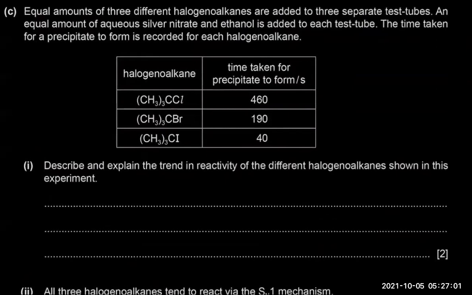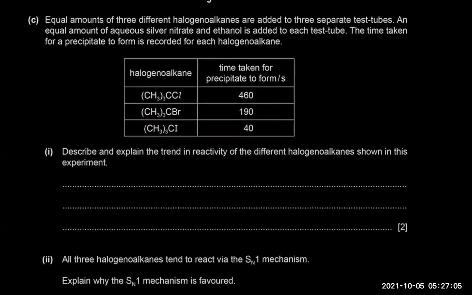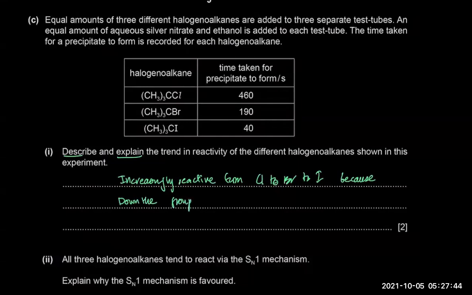Describe and explain this trend. So we can say that it becomes increasingly reactive from Cl to Br to iodine, or down the group, because down the group the C-halogen bond strength, or CX bond strength, decreases.